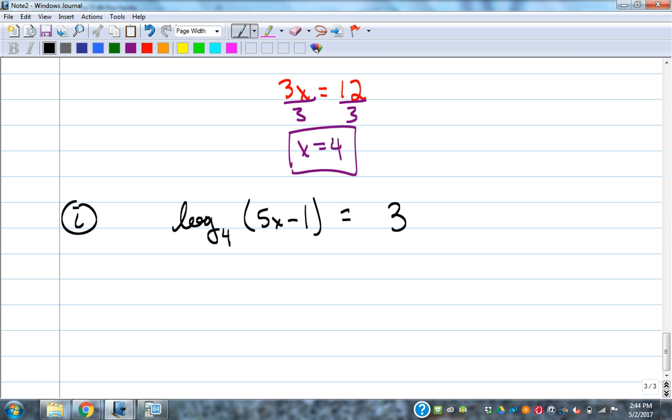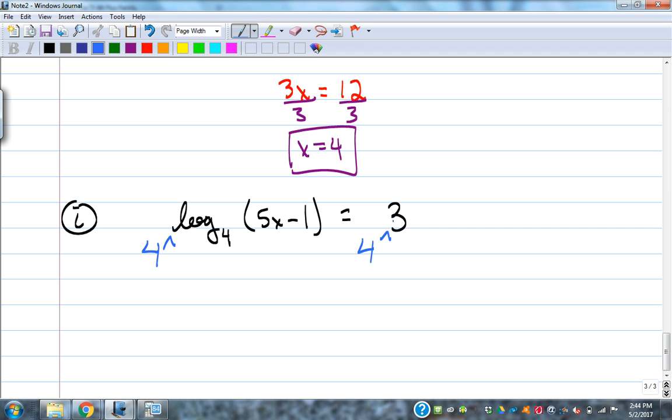What's the base of the log on the left side here? 4. If I exponentiate with the 4, it'll get rid of that log on the left side. But I have to exponentiate on the other side too. So it's 4 as the base here, and 4 as the base here.